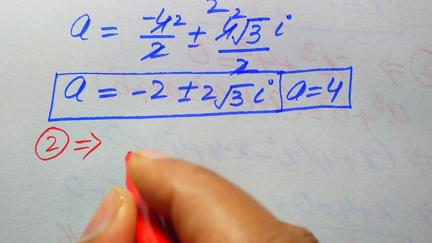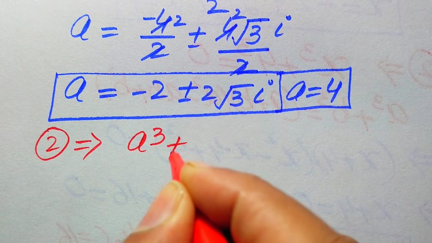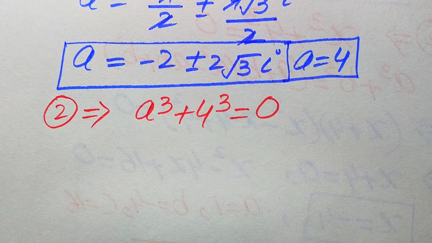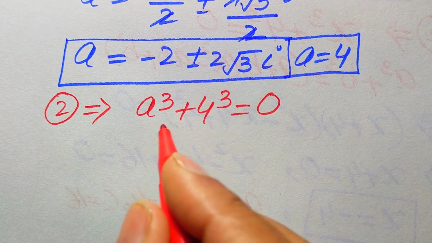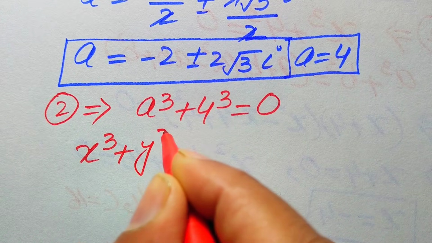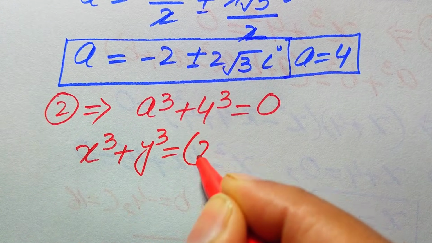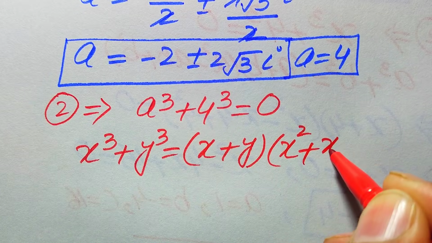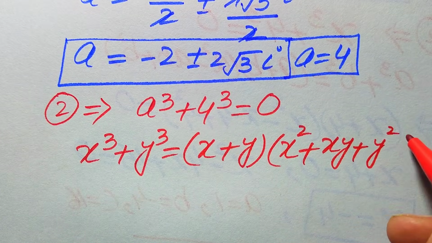So in the second equation we copy down here, it is a cubed plus 4 cubed equals to 0. So in the same pattern which we adopted in equation number 1, we again apply the cubic formula here, and you know that x cubed plus y cubed equals x plus y times x square minus xy plus y square.